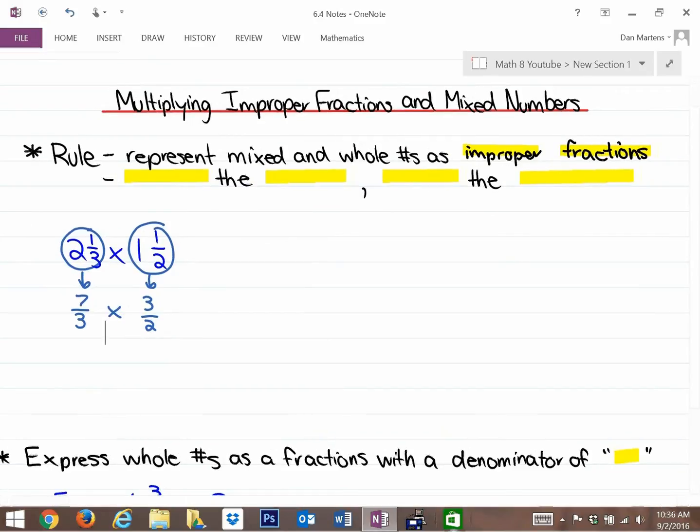And the second thing to do is nice and straightforward. Now that you have just numerators and just denominators, you are now allowed to do what we did with proper fractions, which is to multiply the numerators and to multiply the denominators.